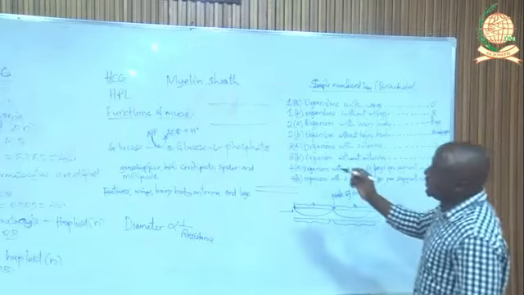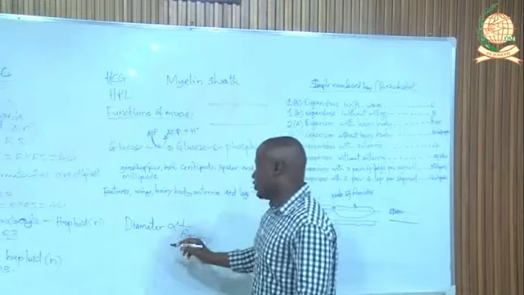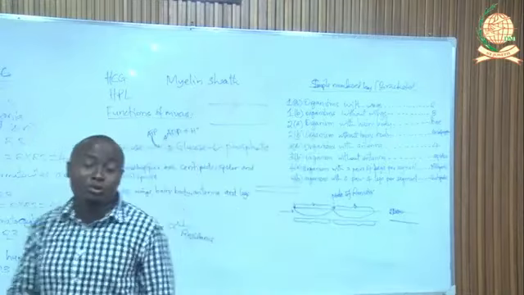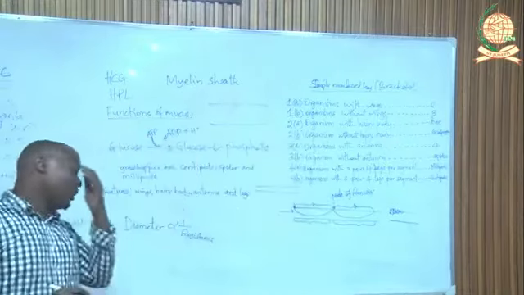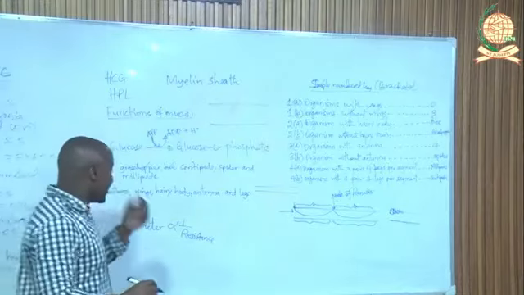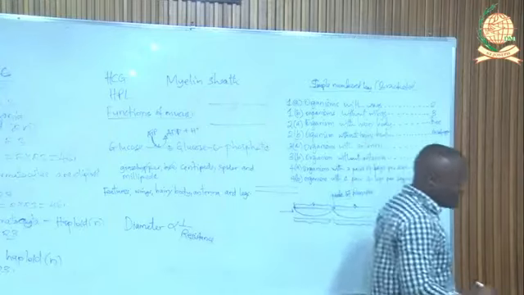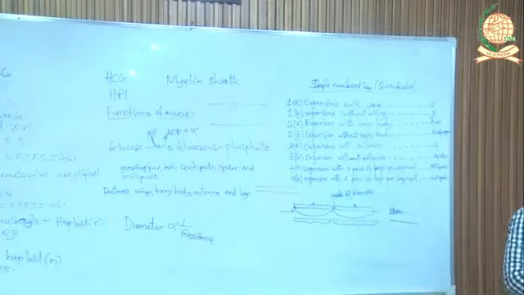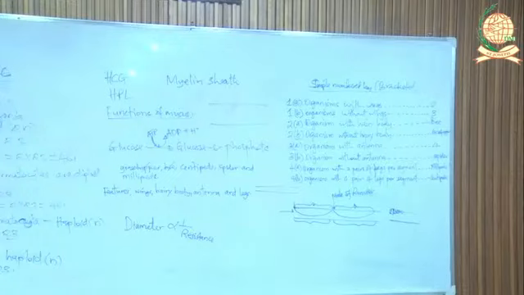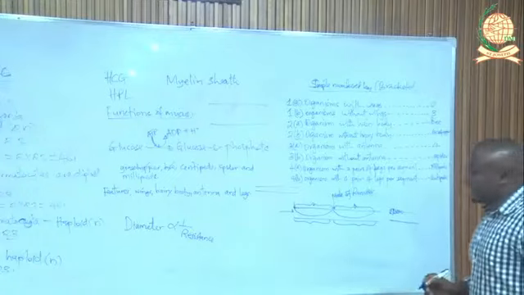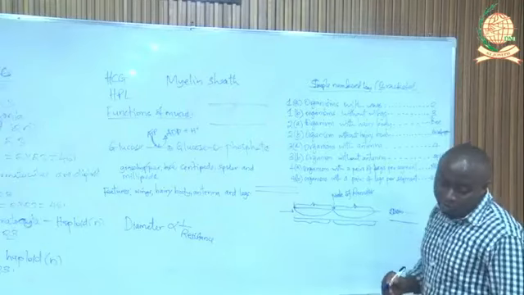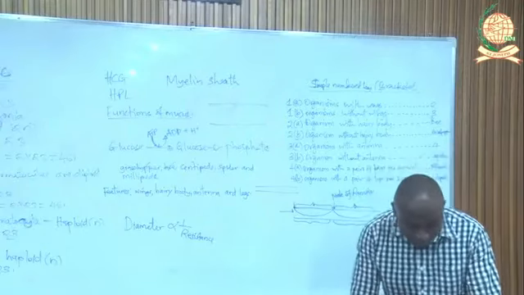Don't forget this relationship: the diameter of the axon is inversely proportional to the resistance of the axoplasm. Therefore, the larger the diameter, the lower the resistance of the axoplasm, and this will result in higher transmission speed of the nerve impulse.